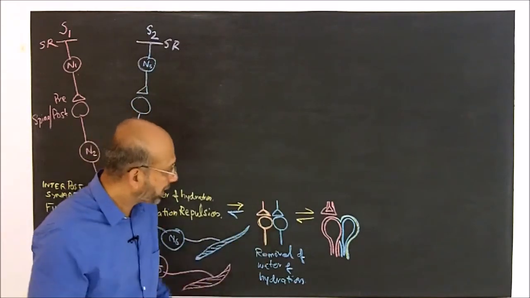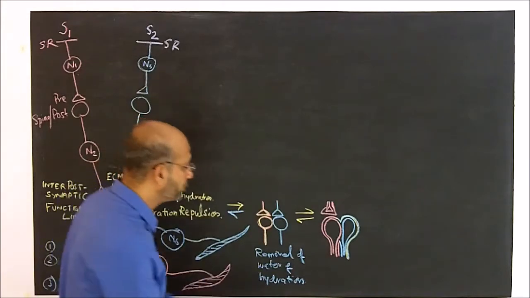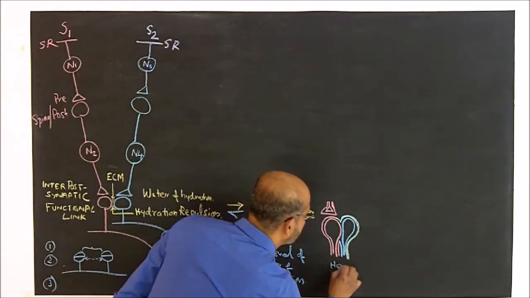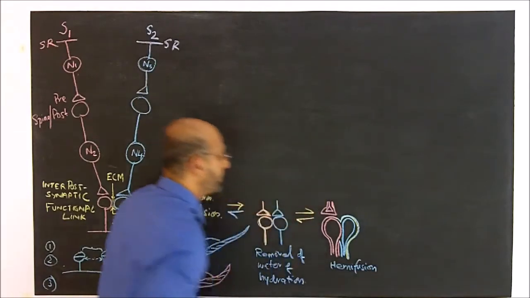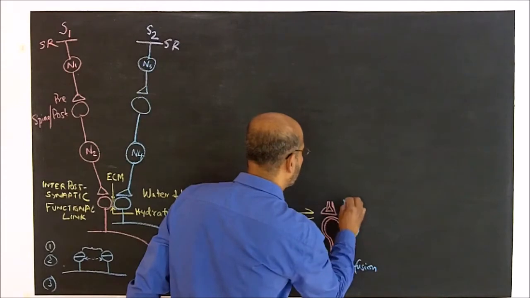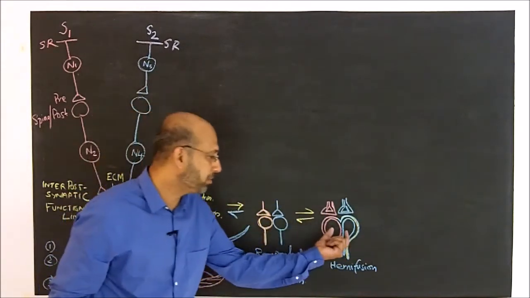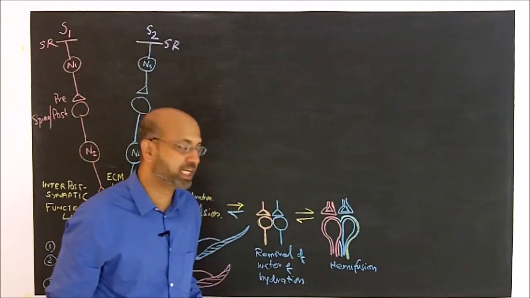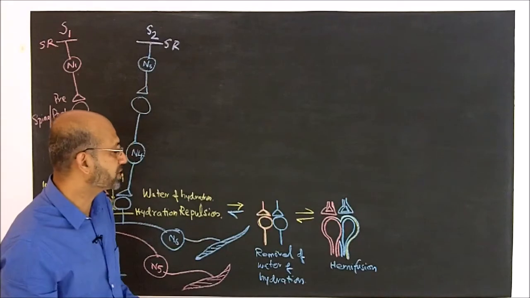So enlargement of the dendritic spines can lead to hemifusion between the dendritic spines. Again, hemifusion is a reversible process. So initially there will be a partial hemifusion stage which will then convert to a complete hemifusion stage.